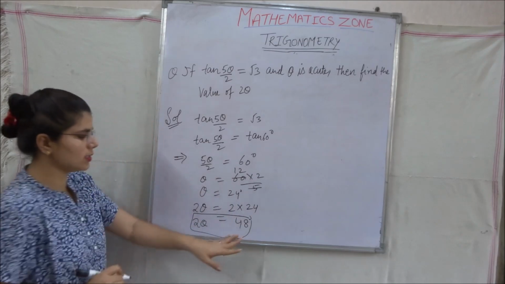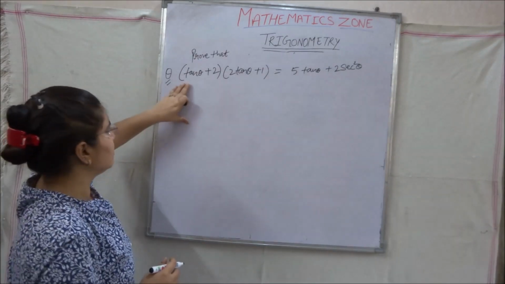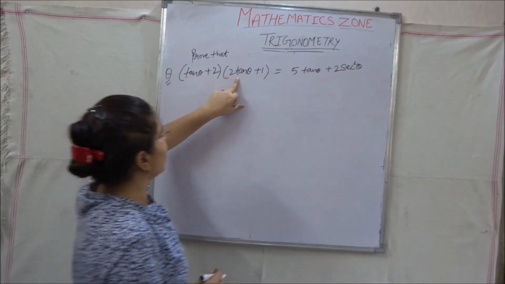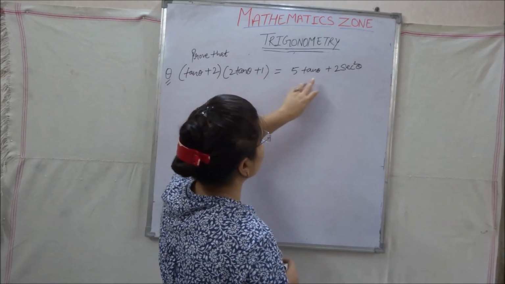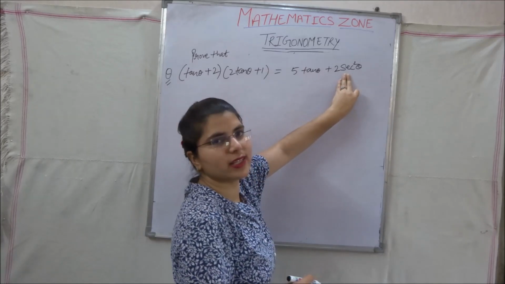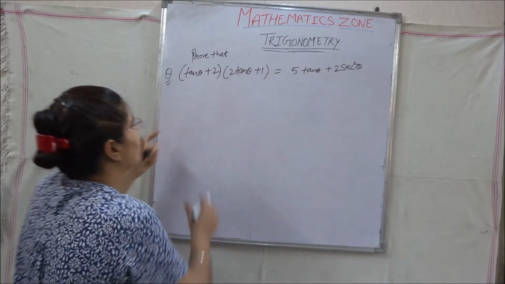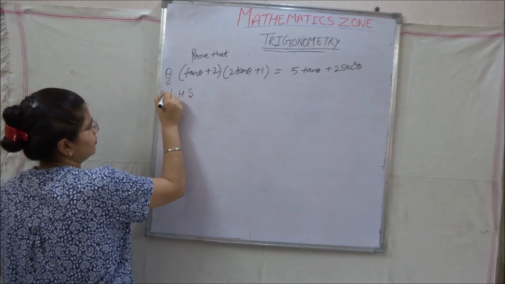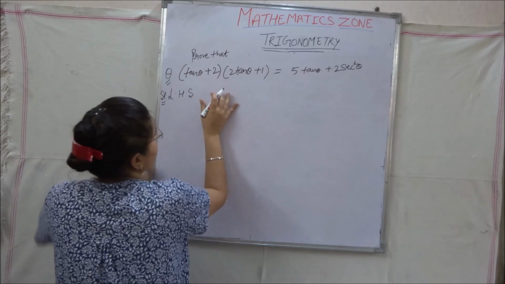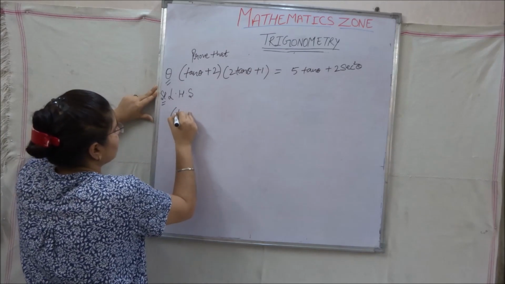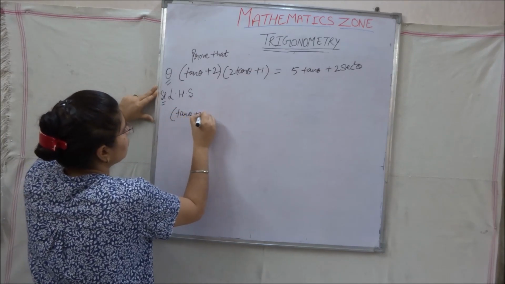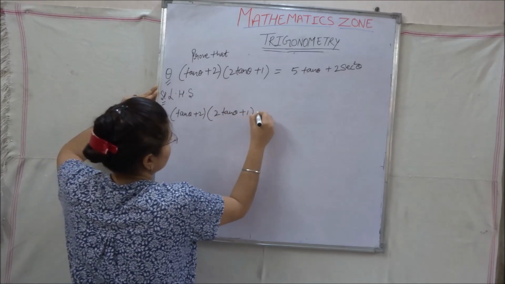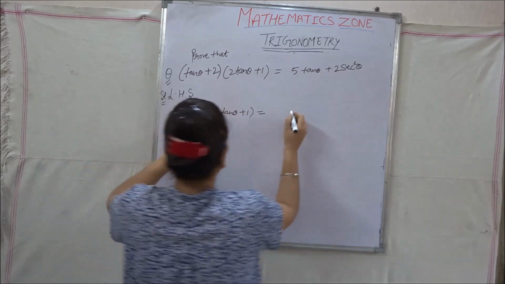This is our answer. Now we had a statement: product of tan theta plus 2 and 2 tan theta plus 1 is equal to 5 tan theta plus 2 secant square theta. Now we will take the left hand side: tan theta plus 2, 2 tan theta plus 1. Now multiply both the brackets.